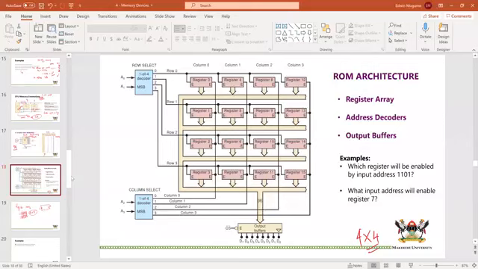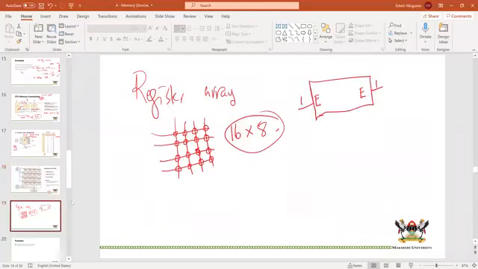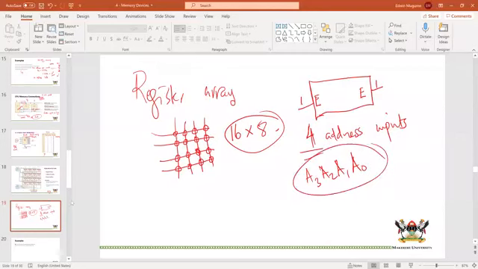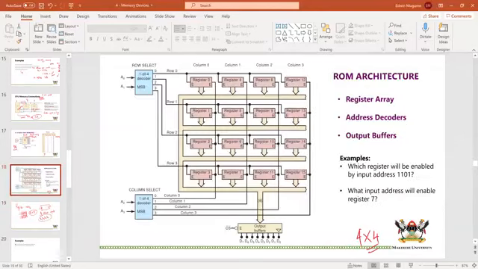Now, how do we supply that? If this is 16 by 16, it means we have 4 address inputs, which are A3, A2, A1, A0. You can see that these have been arranged in columns and rows: column 0, 1, 2, 3, and row 0, 1, 2, and 3.